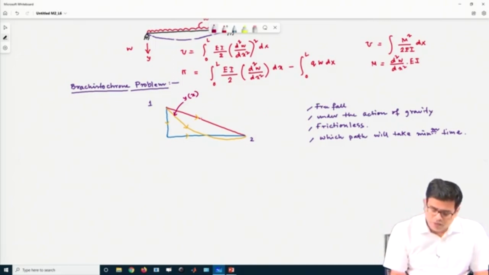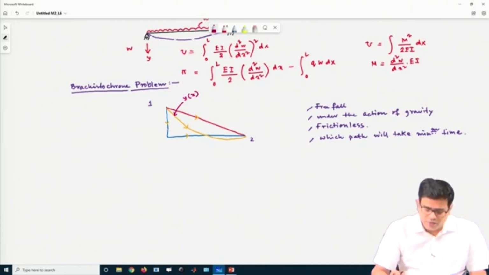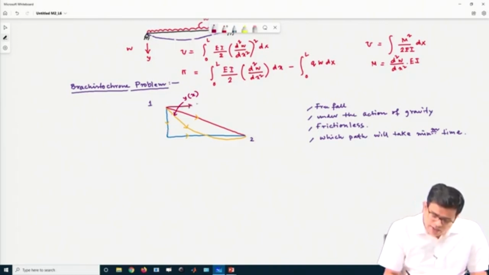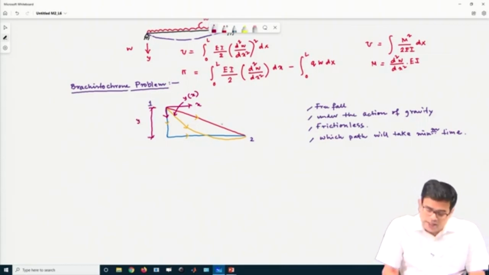This path may not be, and other paths may not be. Now if I take the x-axis along this and y-axis downwards or upwards, whatever it may be, and estimate the distance from here to here, let us say this is the y distance.